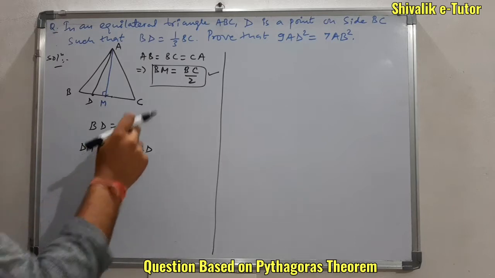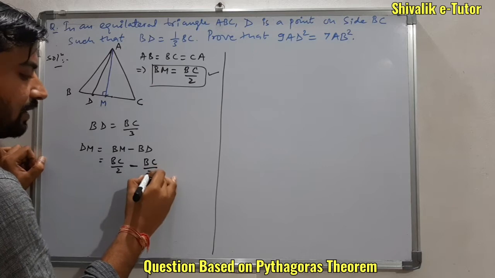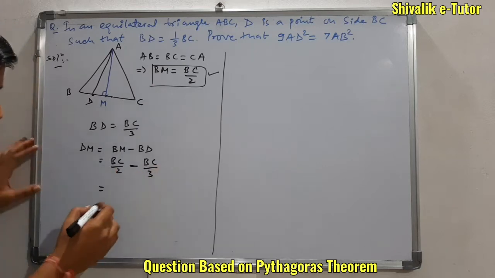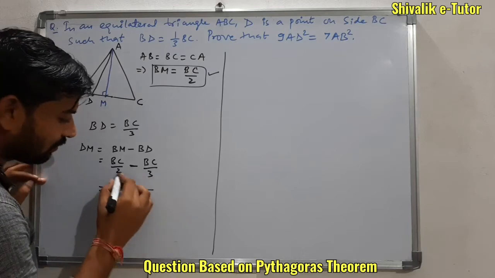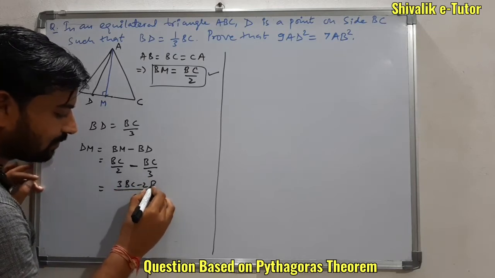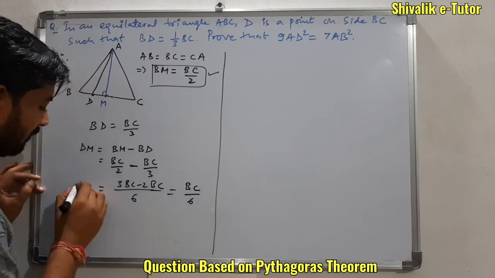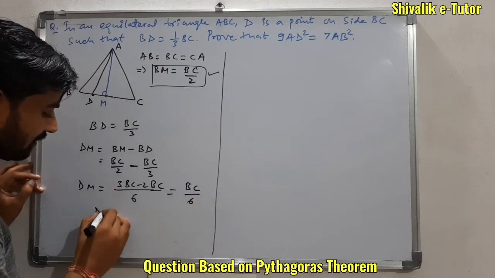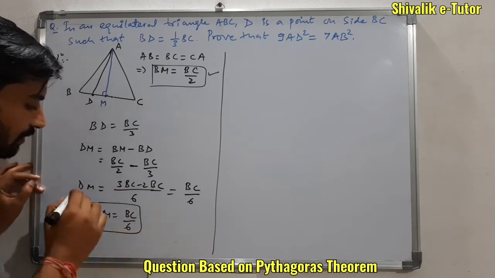BD is 1/3 of BC, so BC by 3. If we solve this, what we get? The LCM is 6, cross multiply this, we are getting 3BC minus 2BC here. So this is BC divided by 6. So DM is coming out to be BC upon 6. So DM is this value.